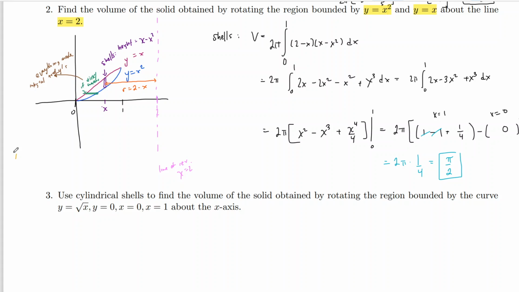So typically, if the region you are rotating is bounded by one-to-one functions, then either the disk or washer method or cylindrical shells will work.